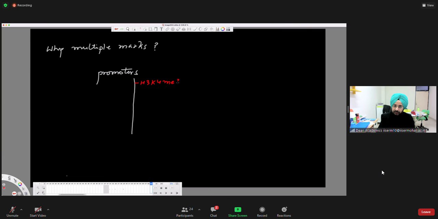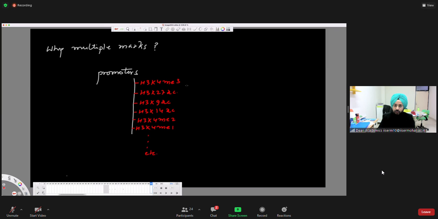This is there, right? And there could also be some phosphorylation and ubiquitination marks at this site.